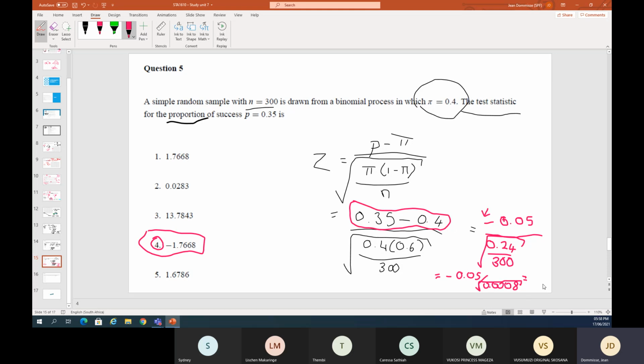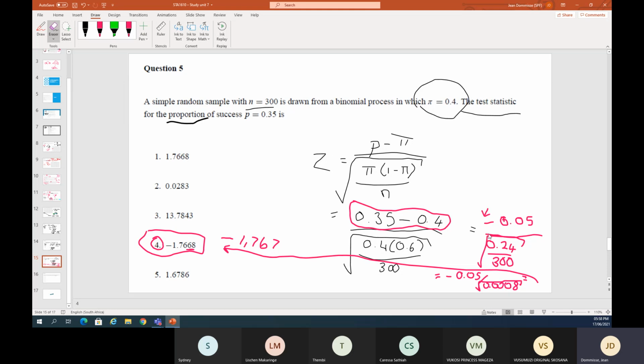So my answer is minus 1.767. Rounded off, it is correct. So it is correct if I work it out like that.